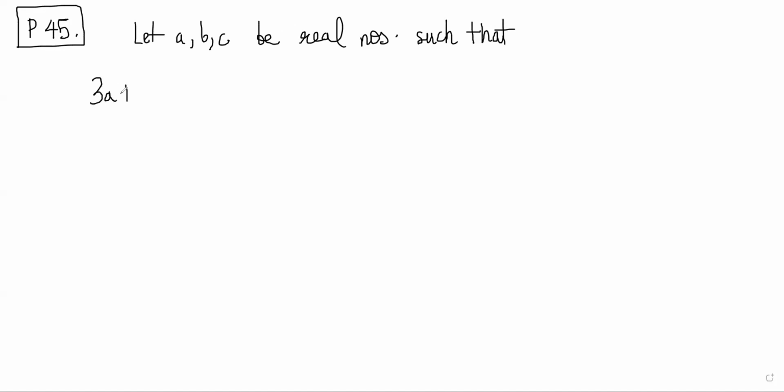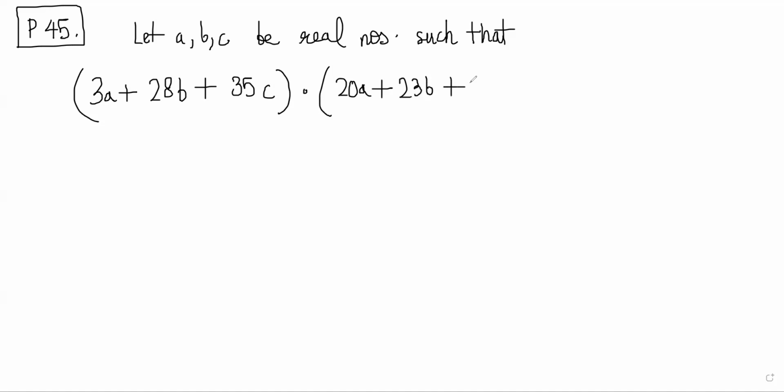This one is: let A, B, C be real numbers such that 3A plus 28B plus 35C times 20A plus 23B plus 33C is equal to 1.